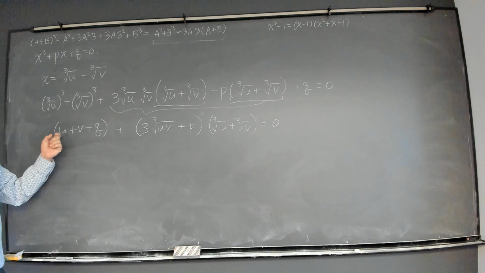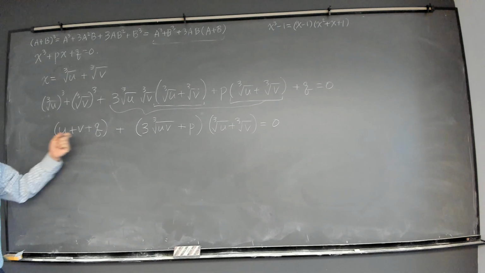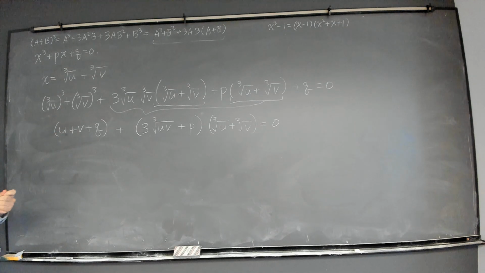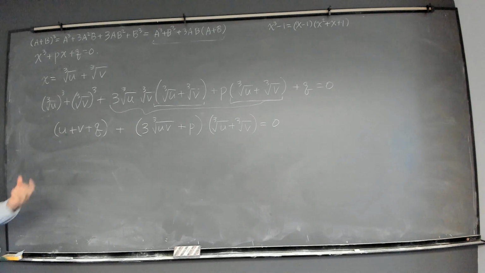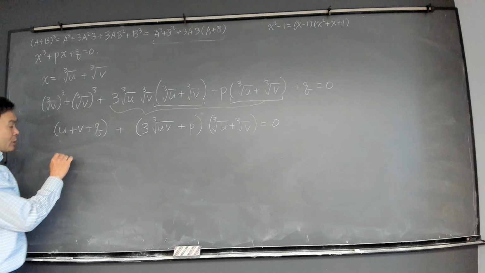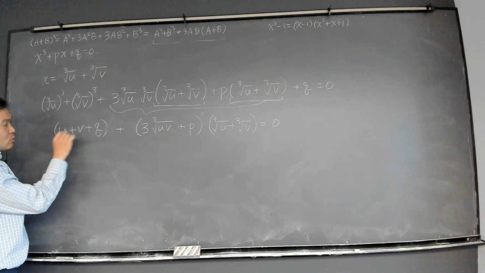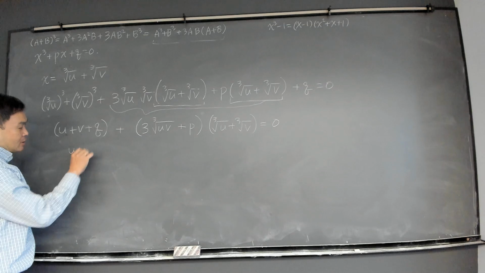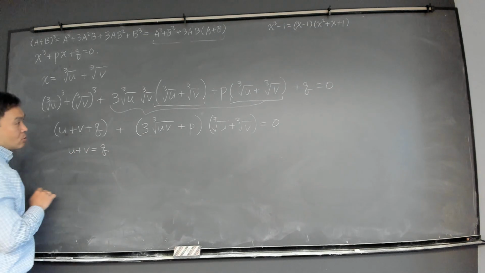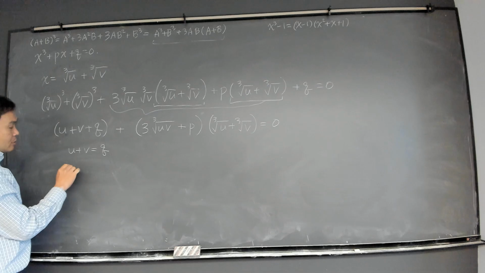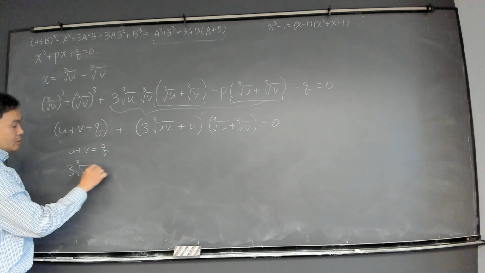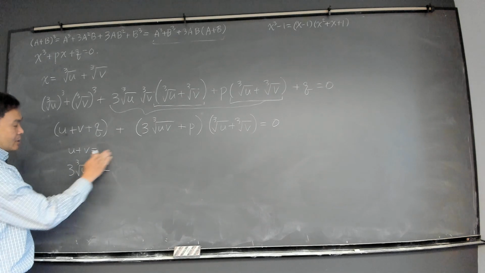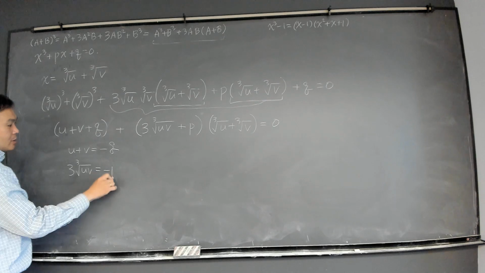Now that we have two unknowns u and v, we have the freedom to let these two satisfy the following equations. If I choose u and v so that u plus v is equal to negative q, and 3 times cube root of uv is equal to negative p, sorry, this should be negative q and negative p.